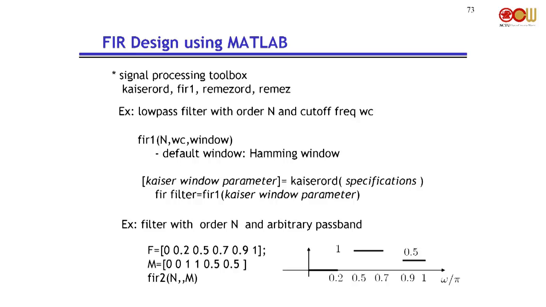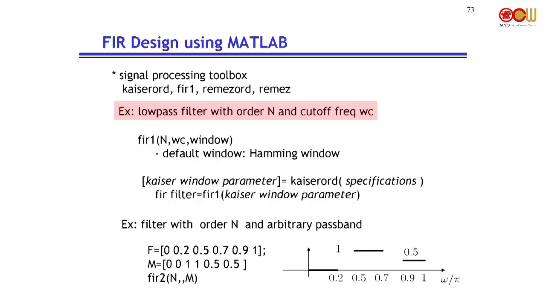McClellan was doing his thesis under the guidance of Parks, and he developed this algorithm, and it was named after these two, the Parks-McClellan algorithm. Okay, and in the algorithm they use something called the Remez exchange, so that's why it's called Remez order estimation, Remezord.